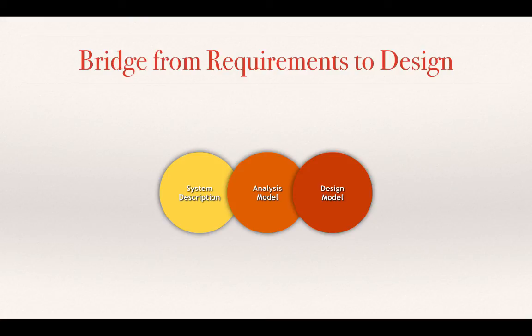Since the analysis model is the bridge between the customers and the developers, it's also something that should be understandable by both. So it should reflect the requirements well enough so that the customers can understand it, and it should be formal enough so that the developers can start to see how they would design a system based on it.